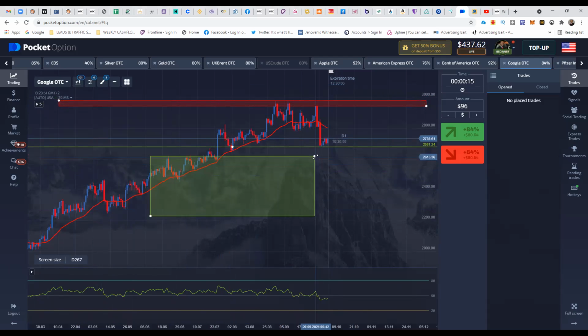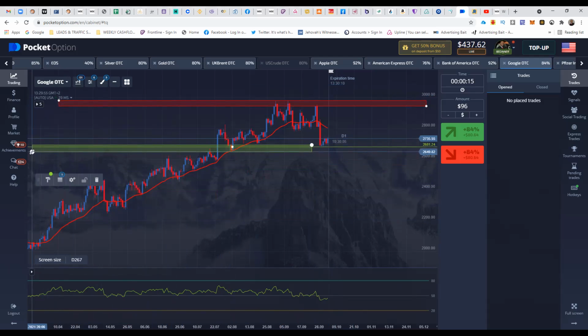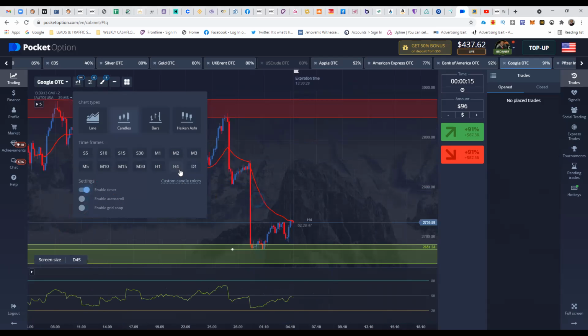Then we're going to draw our demand zone here. So that's what we're going to draw. Let that drawn up. And so now we're going to switch to the 4-hour.